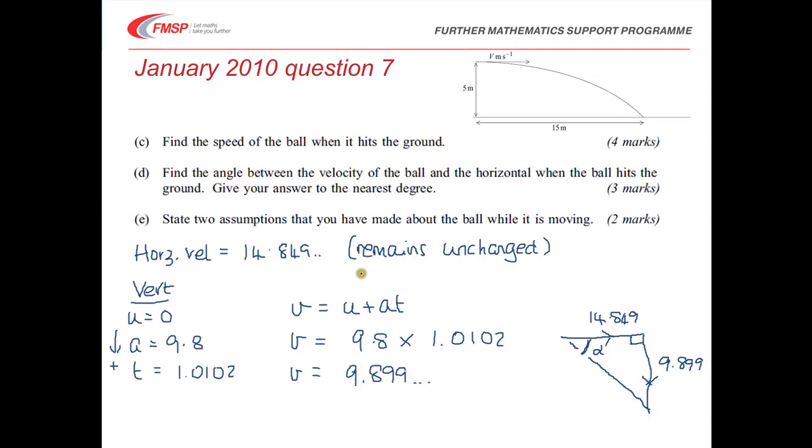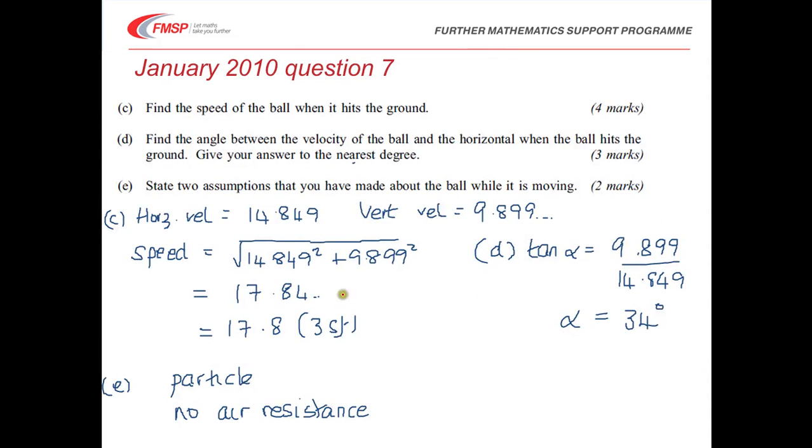And then going on to the next bit, part C, you needed to find the vertical velocity. So you got a method mark for using v equals u plus at, and an accuracy mark for finding the vertical velocity. And then you got a method mark here for finding the speed. Now that method mark was dependent on you correctly getting the vertical velocity.